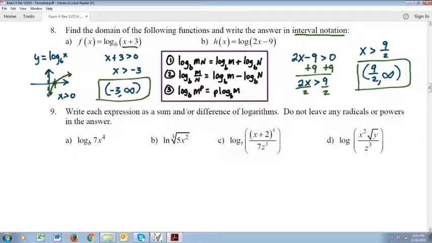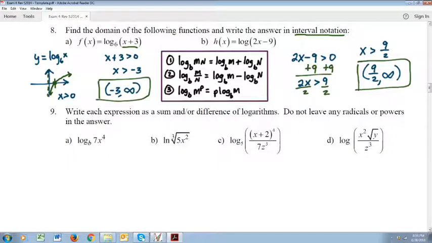All right, so let's go ahead and get started. The thing you have to remember with these is that you've got to go in the correct order. So on letter A here, notice we're going to need the first rule because we have a product, and we also have a power. But see, the x to the fourth there, the 4 only goes on the x. It's not an exponent on the 7, just the x.